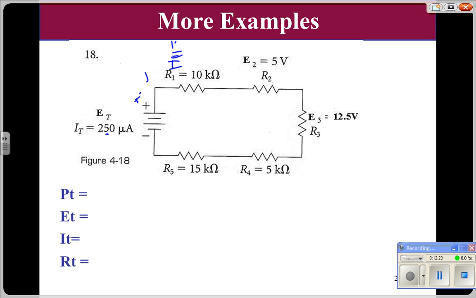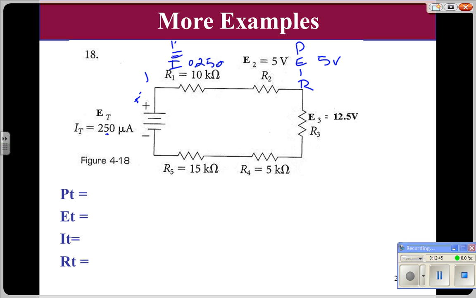Okay, and we have 0.250 amps. And we have a voltage of 5 volts.